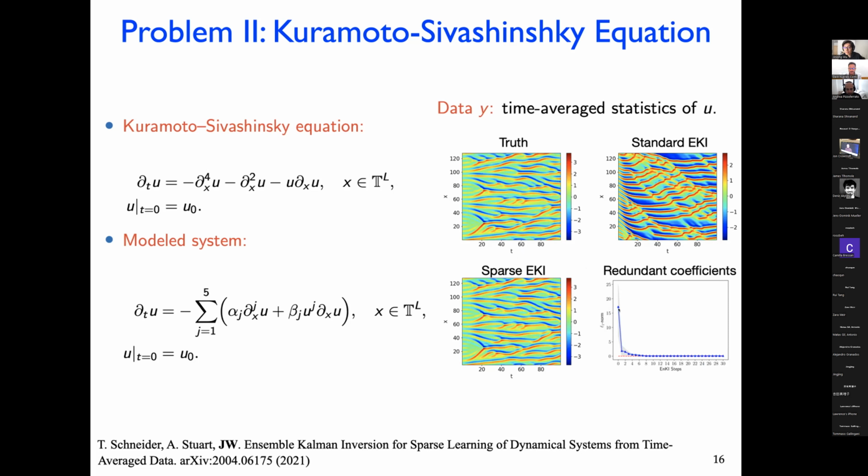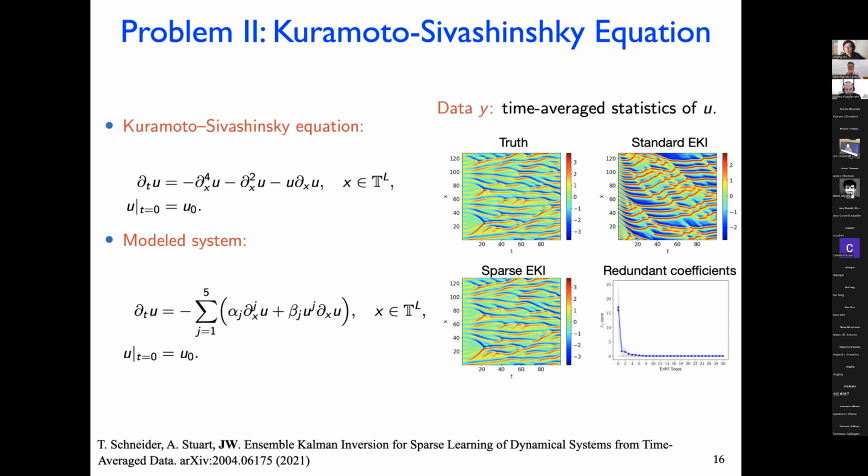And here we present the results of the L1 norm of all the redundant coefficients, because we know that we only have sparse terms in the true KS equation, which means that for most of the unknown parameters alpha j and beta j, they should be 0. We present the L1 norm of all the redundant coefficients for the sparse EKI.